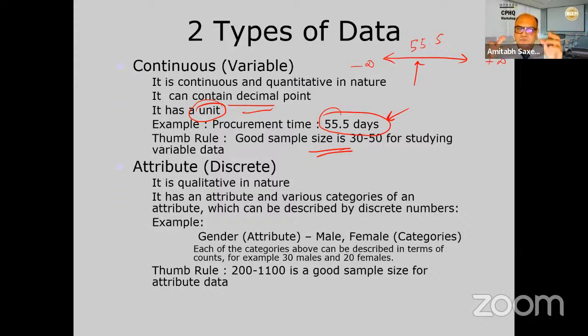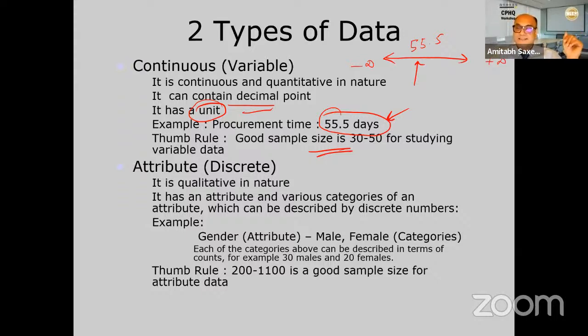But it is a band for which you can say that I'm 99% sure the height of a 5-year-old child is between this range and this range. Or human height for adults. I just collect 30, 40 samples and I can measure the average, and I can measure something called a standard deviation, and I can make a prediction about a large population of 1 million, 10 million, or sometimes billions. So that is the power of 30 to 40 samples of continuous data.